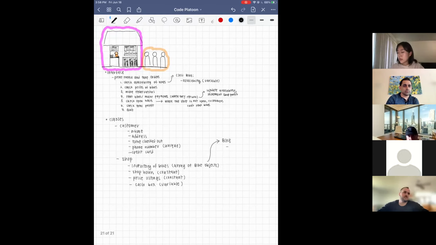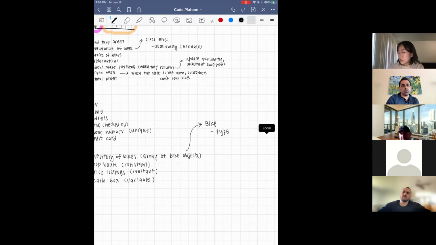Yeah, like a two-seater. The what? Like a one-seater or two-seater bike. Oh yeah, so the type. Yeah, I said serial number, but maybe that's too specific.